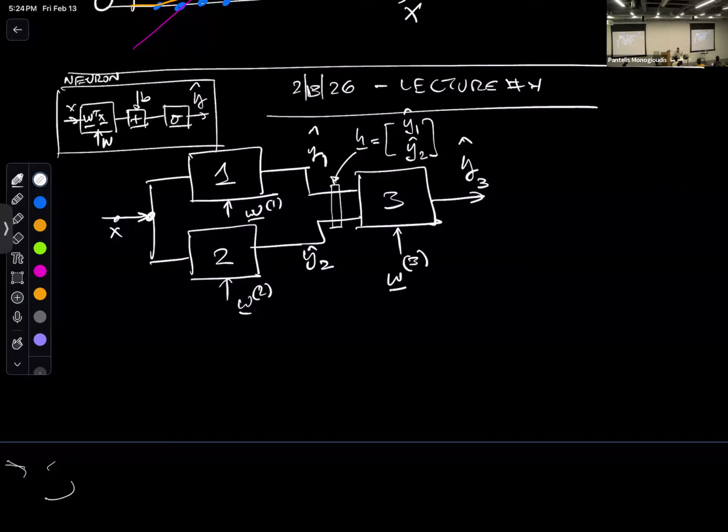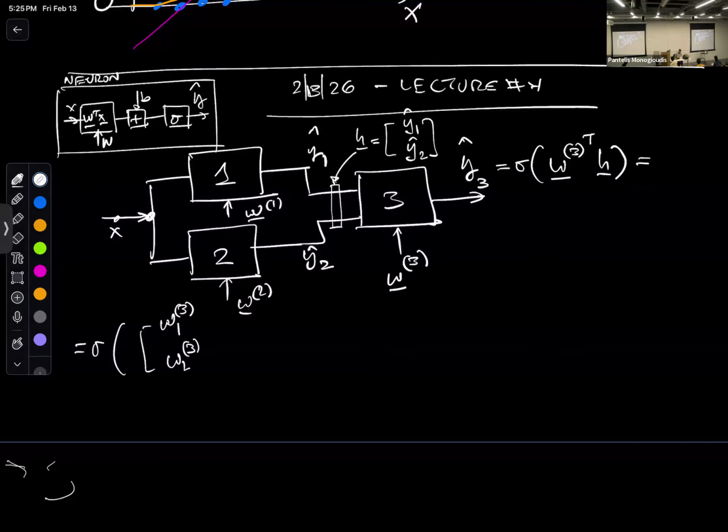For this discussion, I will make a simplifying assumption and ignore the bias. So what is the equation of y hat 3? It is sigma of W3 transpose h. Do you agree? So it is equal to sigma of W3, which has two components, W1,3 and W2,3, transpose h, which has two components, y hat 1 and y hat 2.